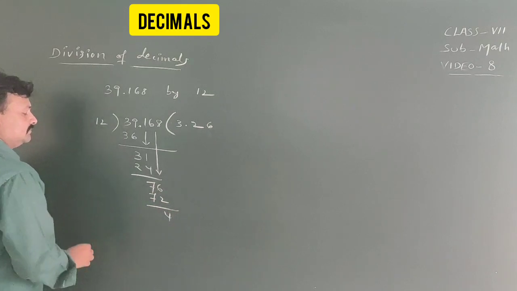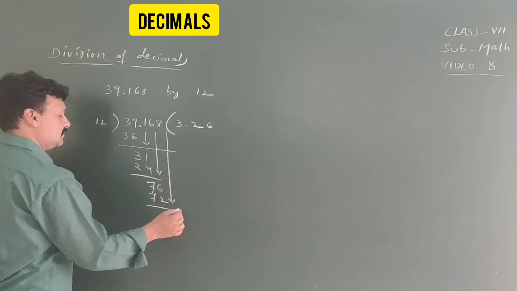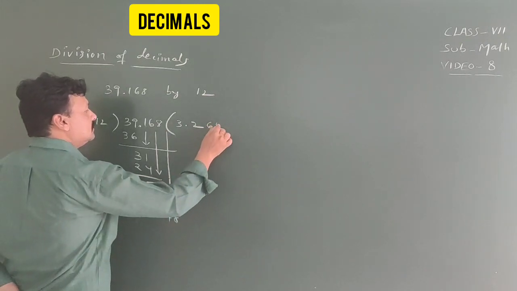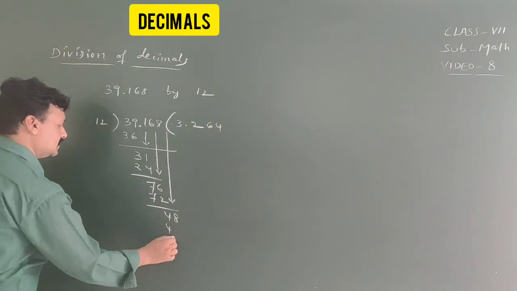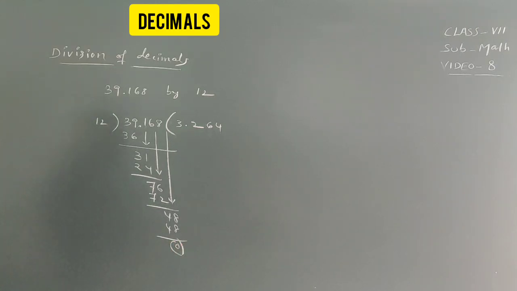Here 4, 8, 4 12s are 48. So 39.168 divided by 12, you will get 3.264 as the quotient.